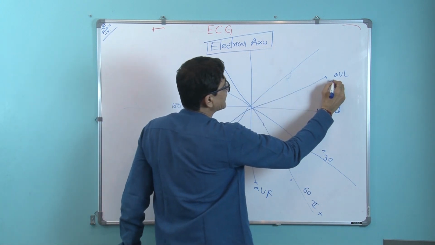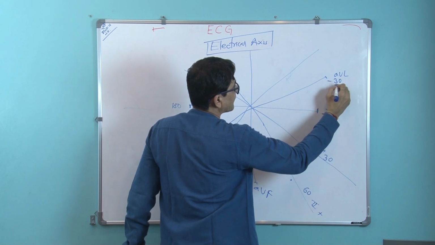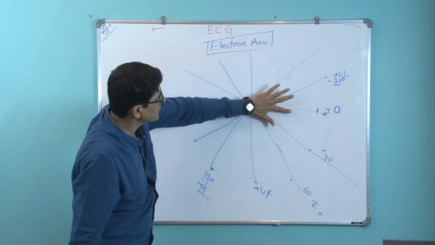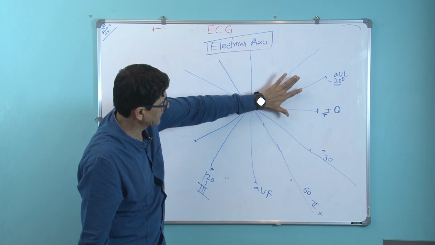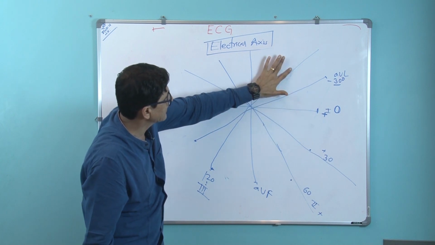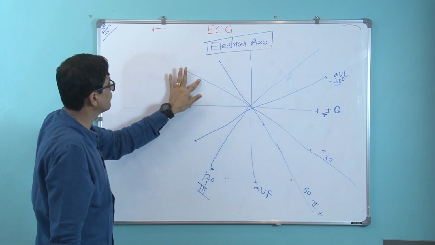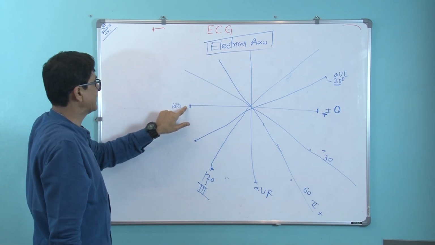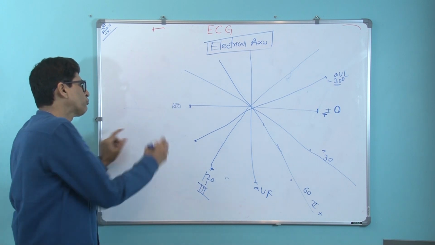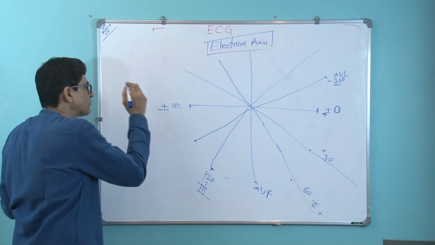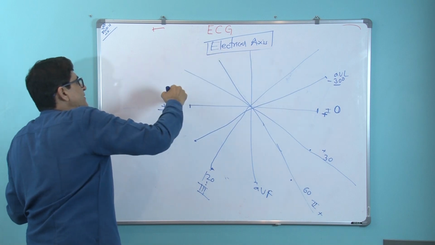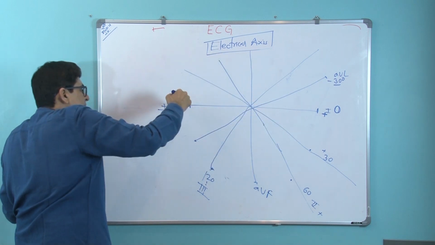AVL is minus 30 degree. AVL because it is above this baseline. So minus 30, minus 60, minus 90, minus 120, minus 150, 180. 180 could be plus also, minus also, because if the axis comes like this it is plus. If the axis comes like this, it will be a positive.